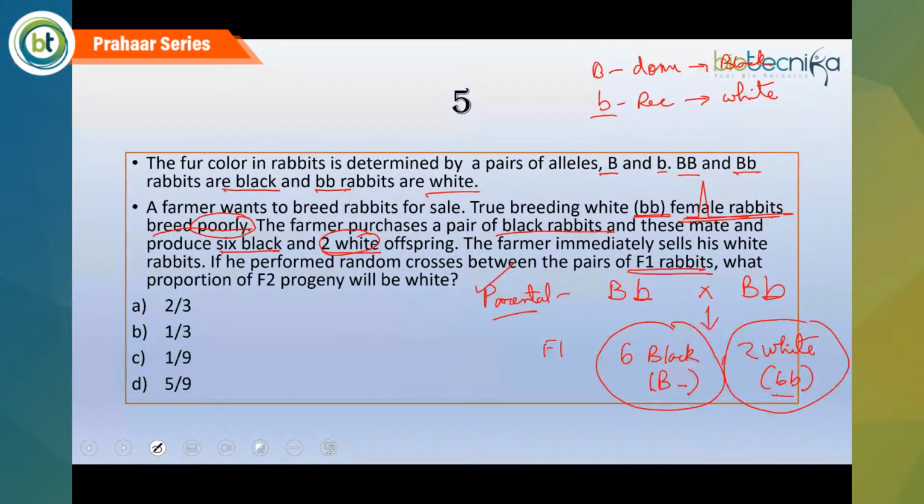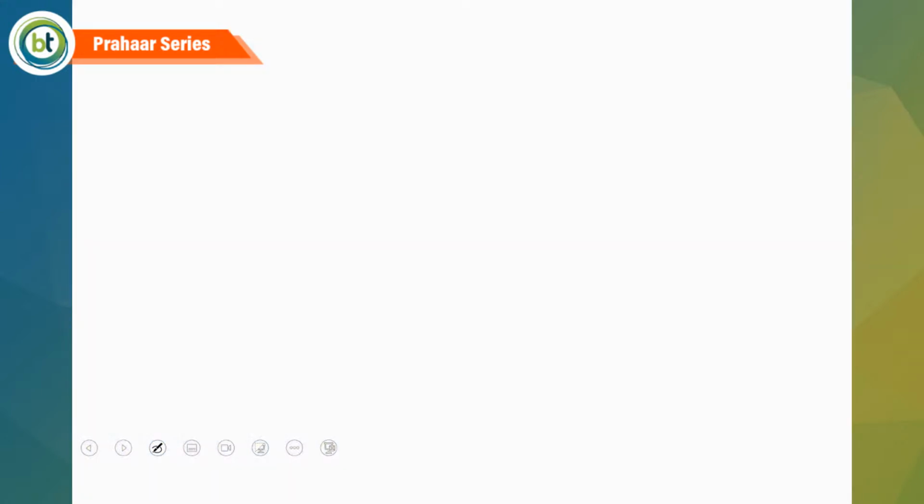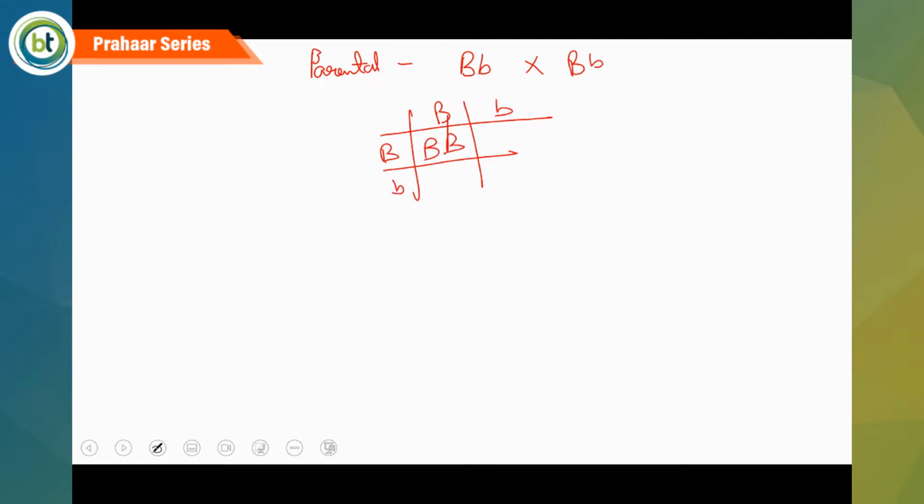Now for this, let's do the cross here. I will start with the parental cross. The first generation cross was this. Now I will make the Punnett square. So this was the F1. This was white and the farmer sold it off.